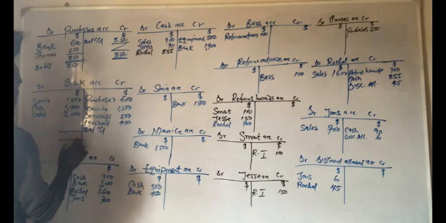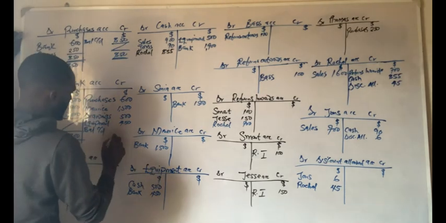If we total our bank account, this is 5,000 and it's going to be 6,400. So our total is also going to be 6,400.